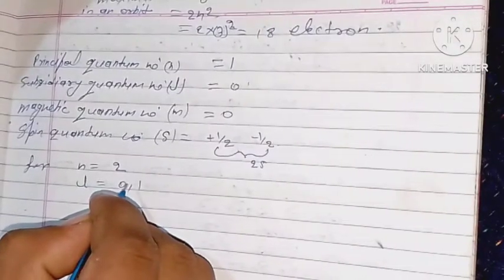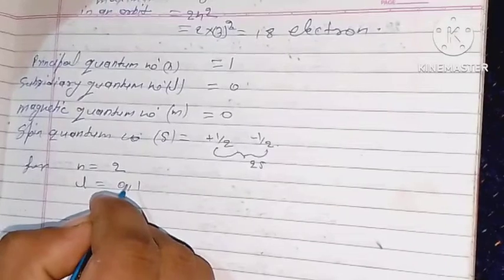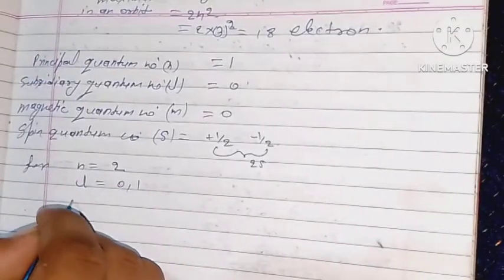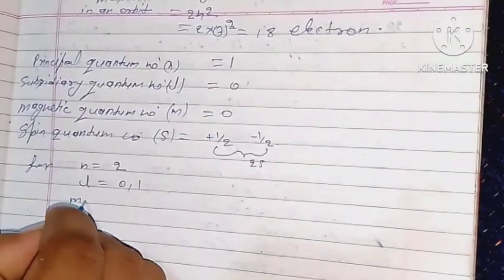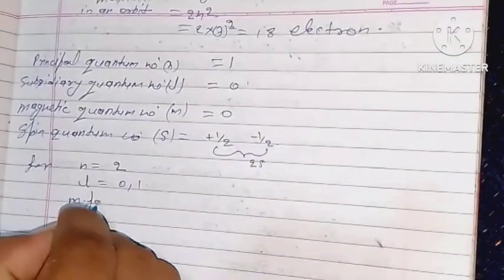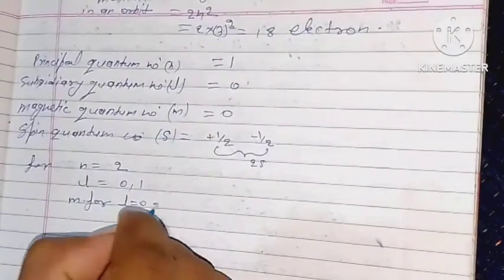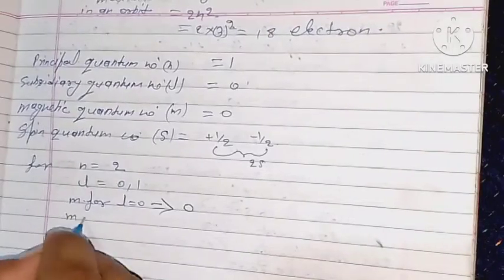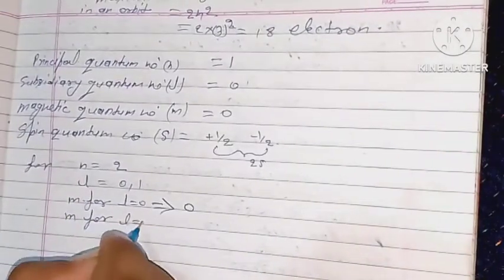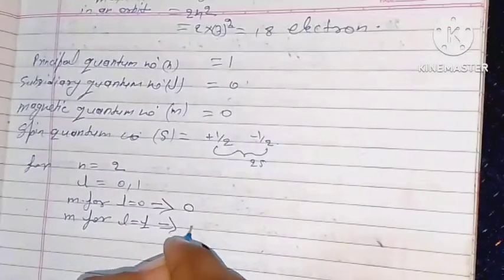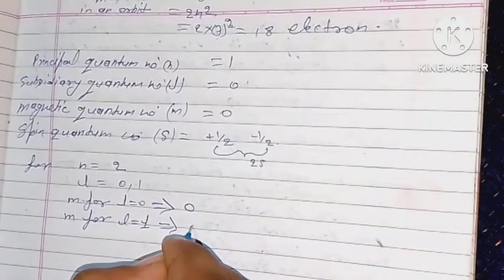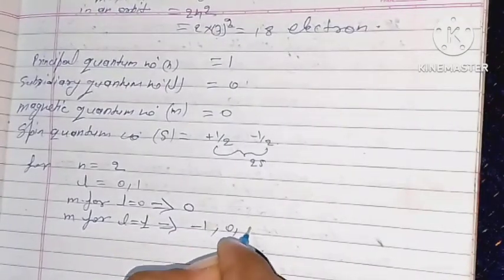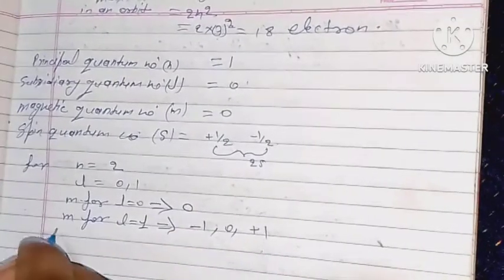The magnetic quantum number m for l equal to 0 is 0, and for l equal to 1 it is minus 1, 0, plus 1.